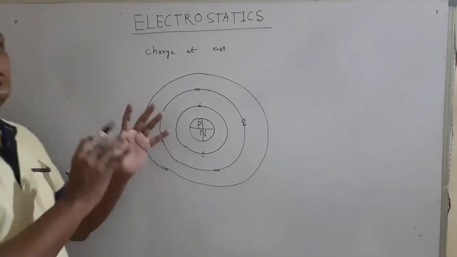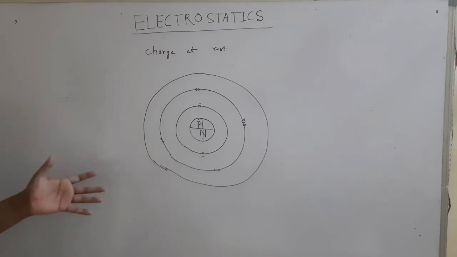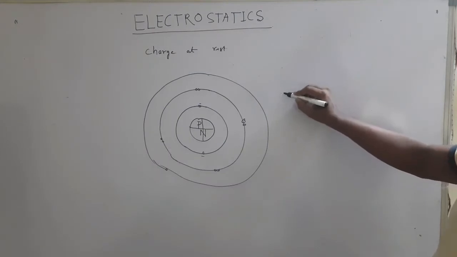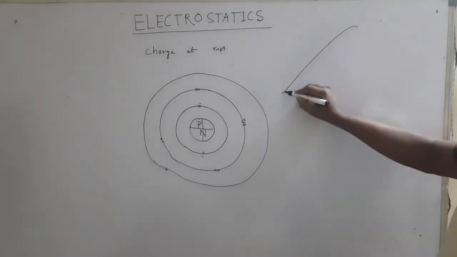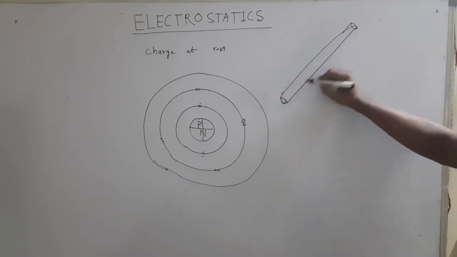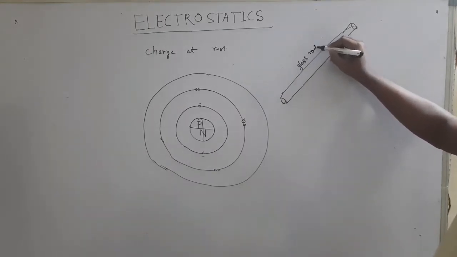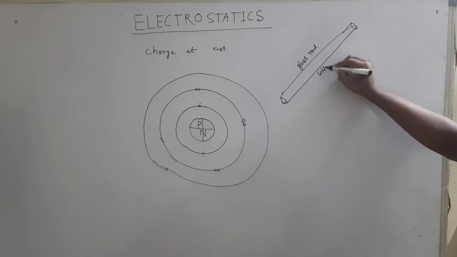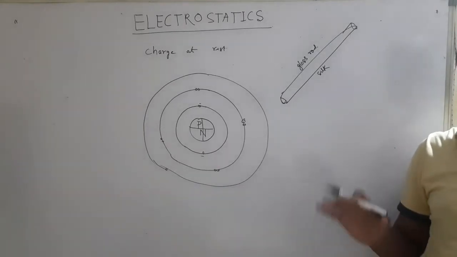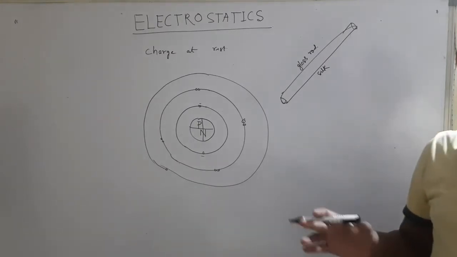Now what happens when two bodies are rubbed? Everything is made up of these kinds of structures. For example, it has been experimented that when a glass rod is rubbed with silk, it is not that only a glass rod can produce charge, any body can, but this is the fundamental observation, and people find glass rod and silk easily around their homes.